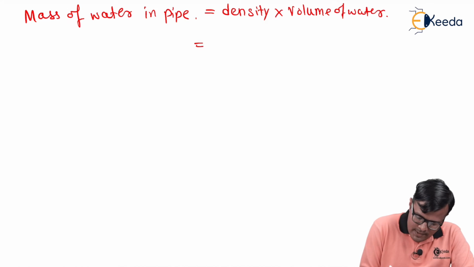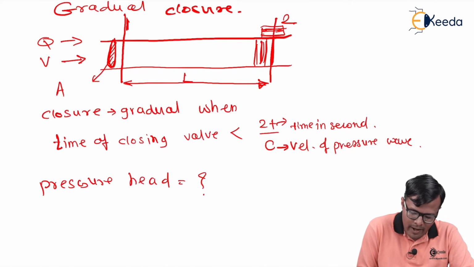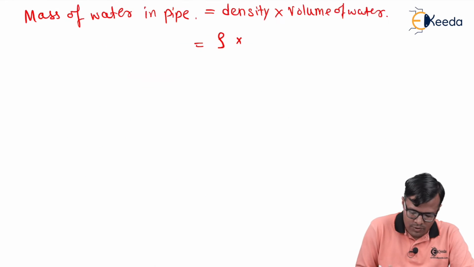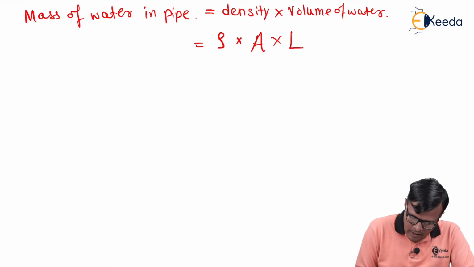So density can be considered as rho, and volume of water is this cross sectional area multiplied by this length, so area into L.